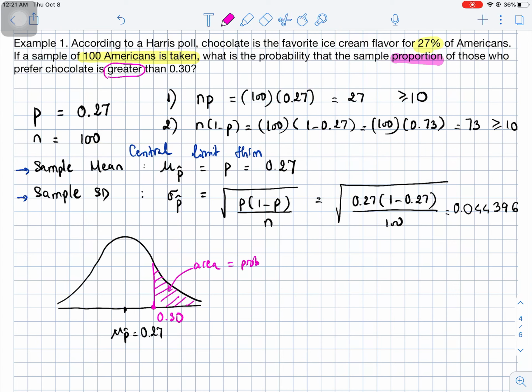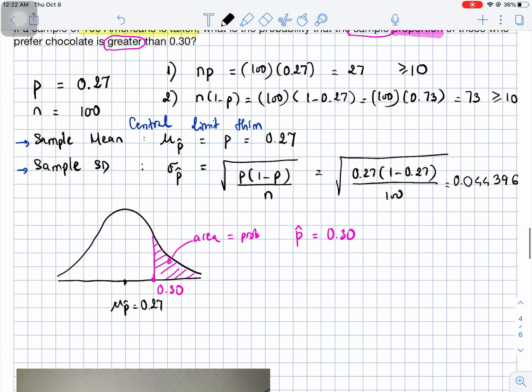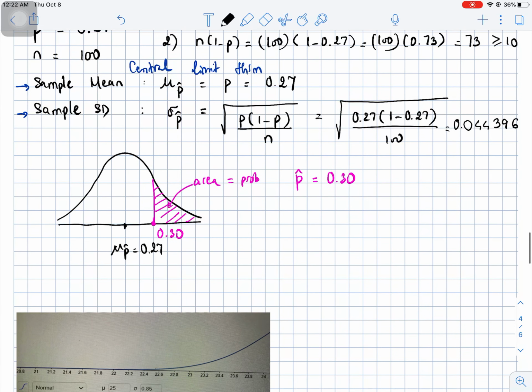Our job is to find the area, that is the probability that is greater than 0.30. And 0.30 is the sample proportion. The notation for that is p hat equal to 0.30. We will refer to the z table.